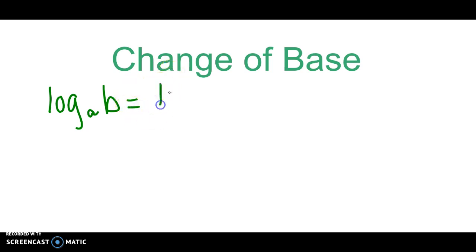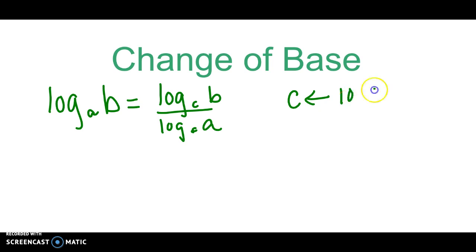It's the same thing as having log base c of b over log base c of a. Notice that both of these changed. Any random number c would work, as long as it's a number we could type in. A lot of times we'd probably make c be 10 for the common log.